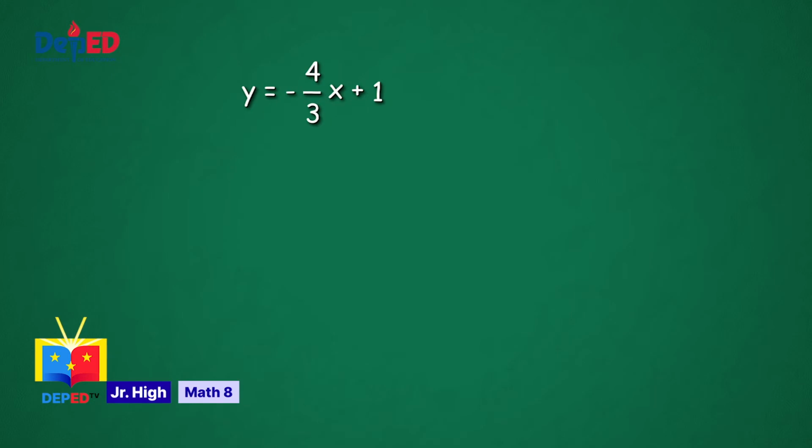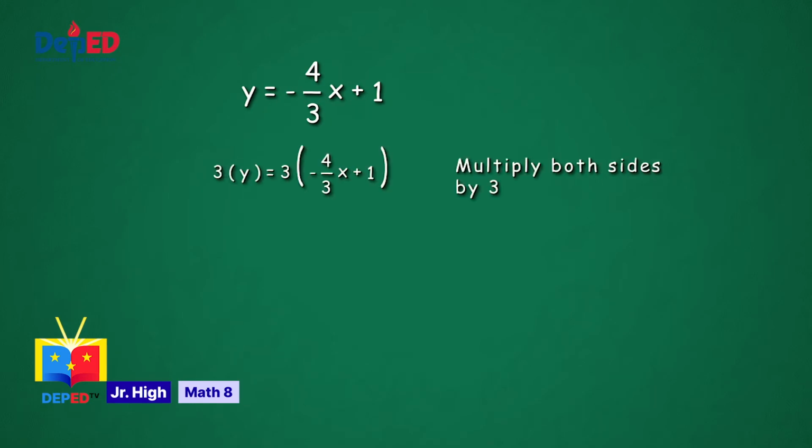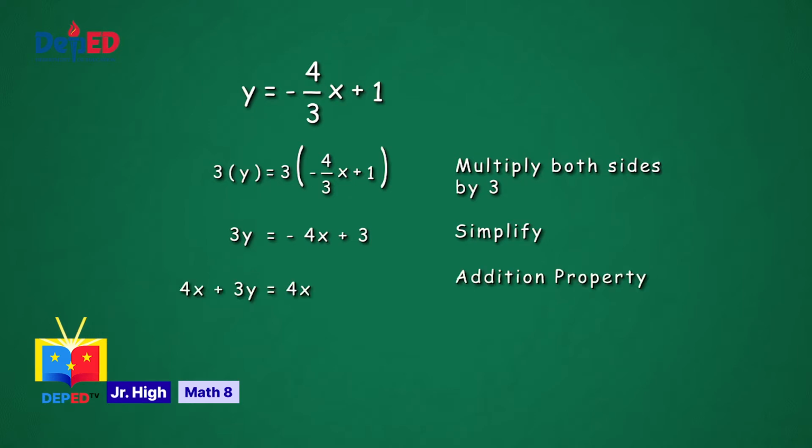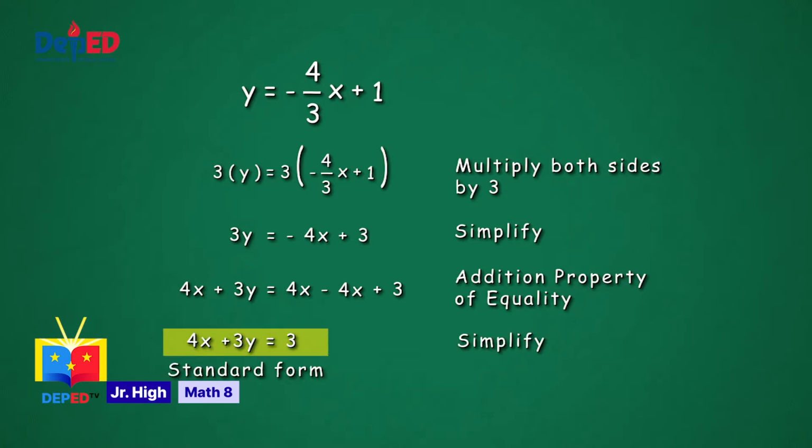So to get rid of the denominator, we multiply both sides of the equation by 3. So we will have 3y = -4x + 3. By the addition property of equality, adding 4x to both sides of the equation, the standard form will be 4x + 3y = 3.